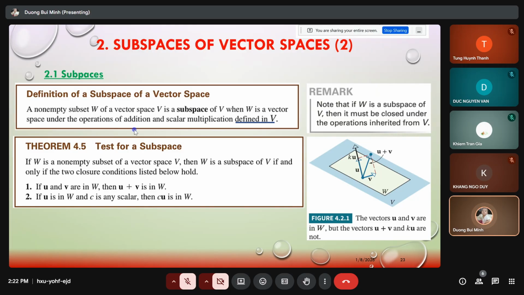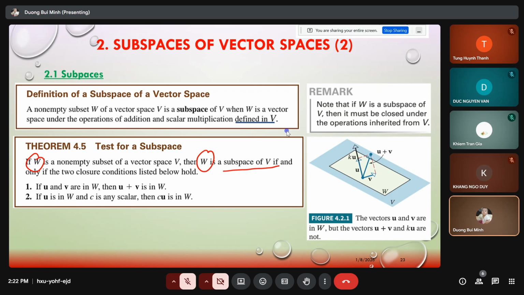Okay, in summary, we can say W is a non-empty subset of vector space V, and W is a subspace of V if they have the same axioms, the same characteristics.